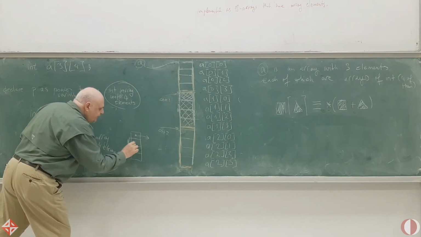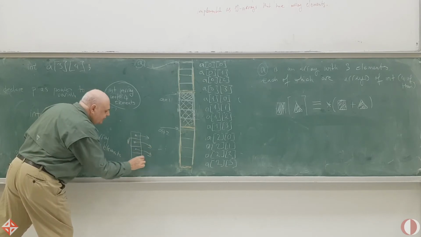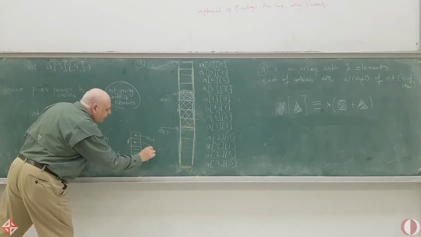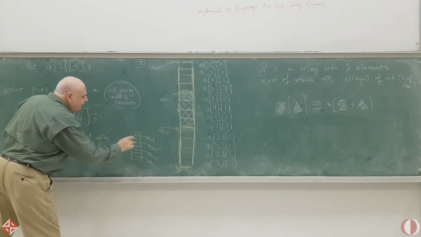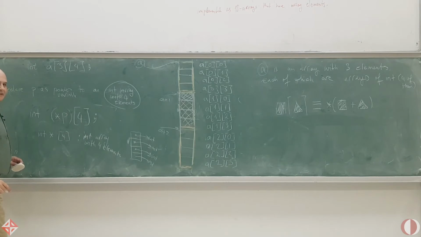Here lives an integer, will live an integer, here another, here another. On these ends lives integers. But herein there are pointers. Then you would have something like this, and if P is pointing to it, you would say integer pointer P. I hope you have an inkling of how to do it now.